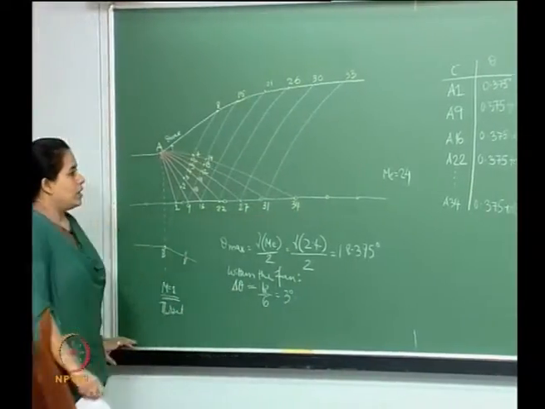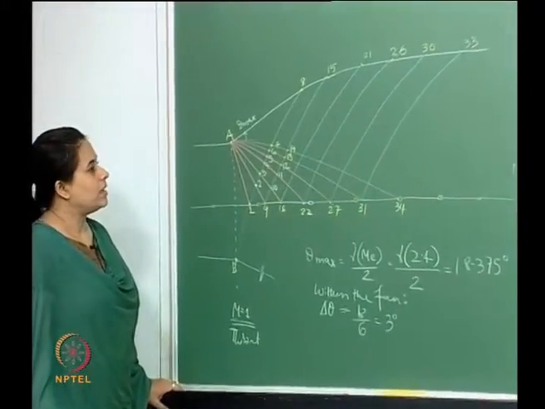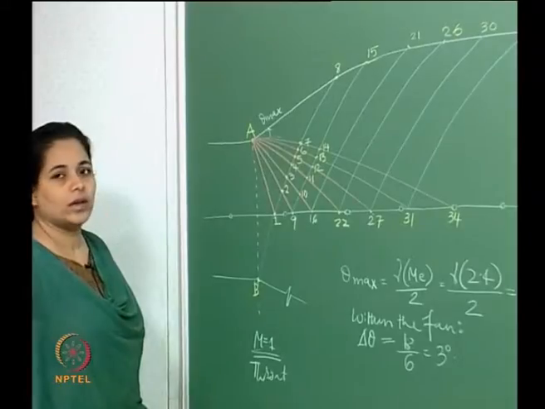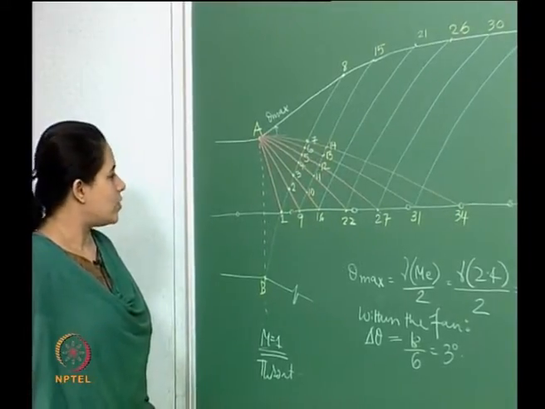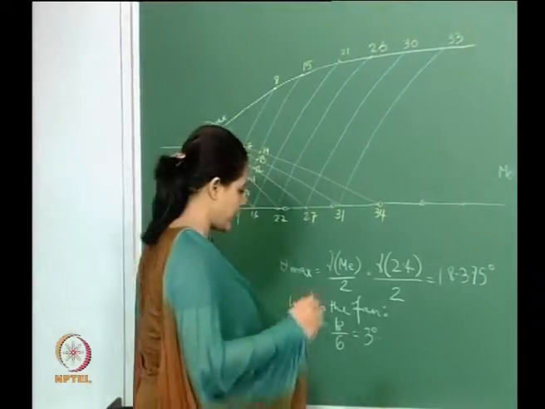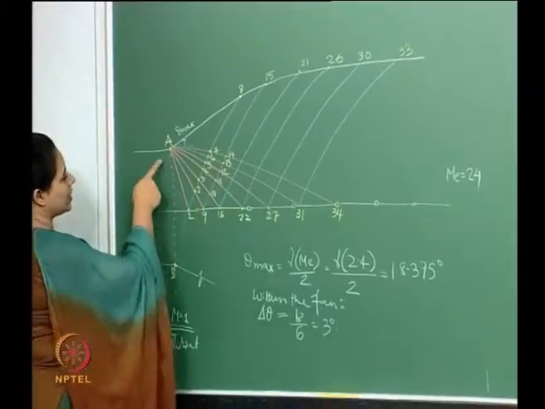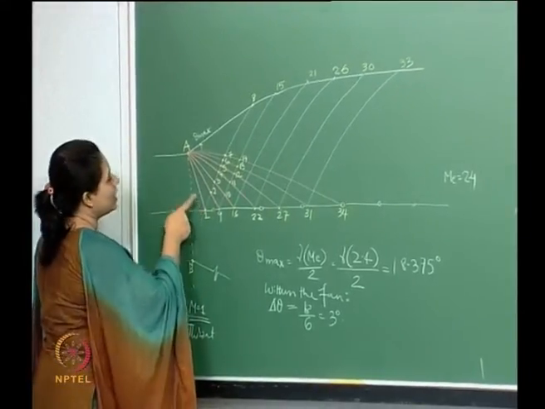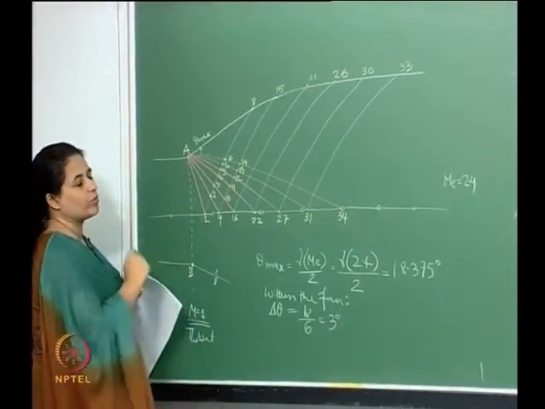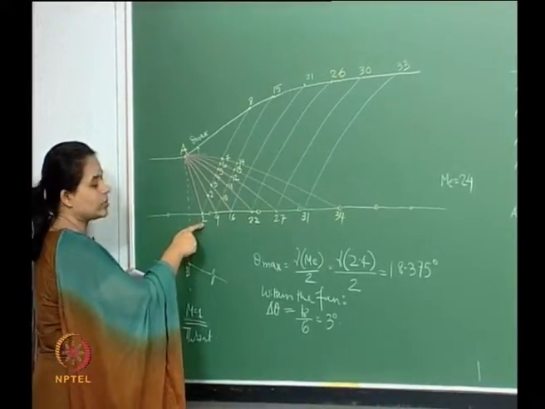Okay. So now, basically we've calculated the thetas for each of these characteristics. Now, let us look at each characteristic separately. If you look at this characteristic, it has a theta of 0.375, which means this is equal to theta 1.